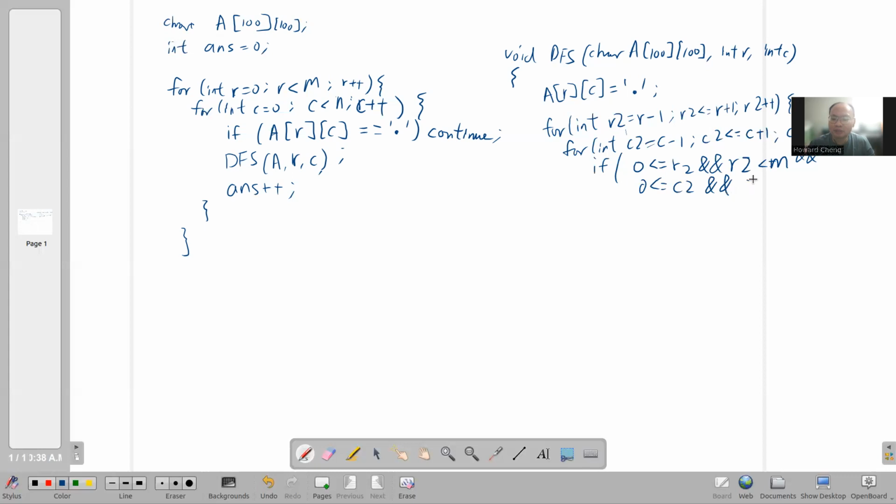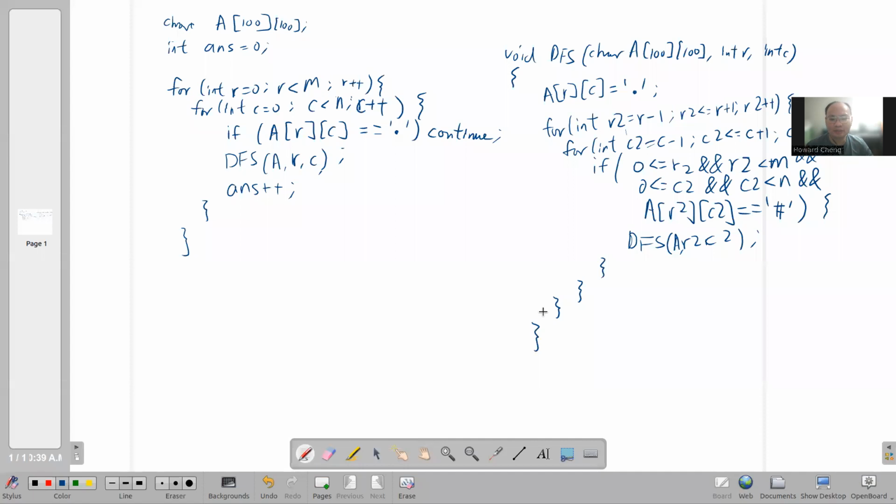C2, so this makes sure that I am inbound and A[R2][C2] is the pound. Okay, so if the neighbor's inbound and is a pound, then I have to go and recursively erase it. So I'll say DFS A, R2, C2. And eventually I'll run out of things to erase for this amoeba, and it'll erase everything.